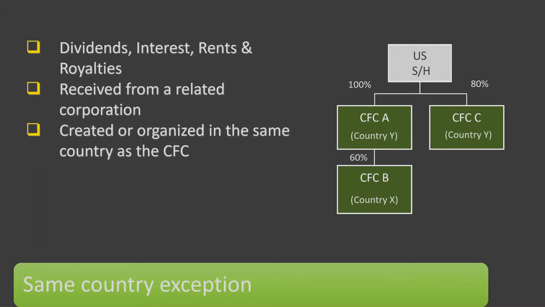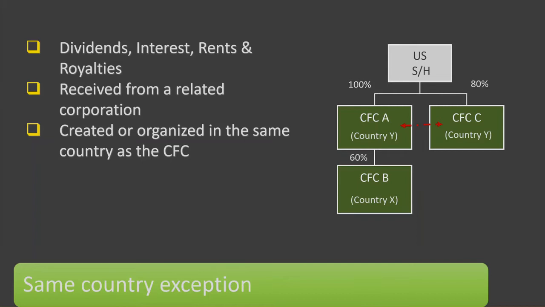Therefore, a dividend, interest, royalty, or rent payment from CFC-B to A would not qualify for the same country exception. However, a dividend, interest, royalty, or rent payment from CFC-C to CFC-A or CFC-A to CFC-C would meet this exception and not be considered foreign personal holding company income by the recipient CFC.